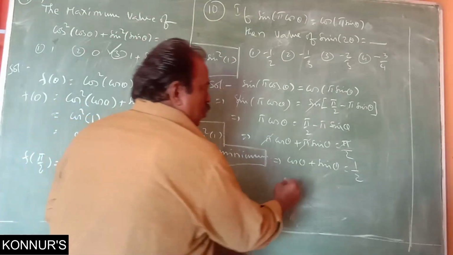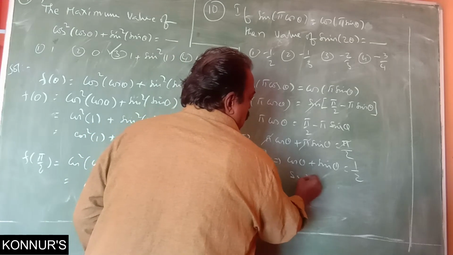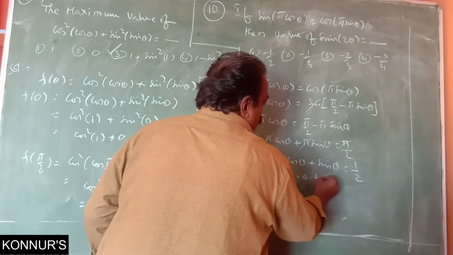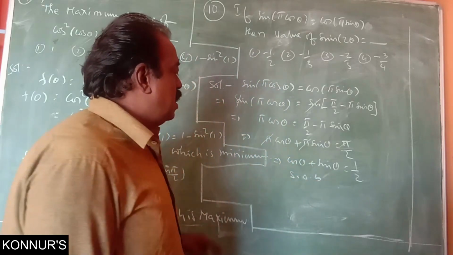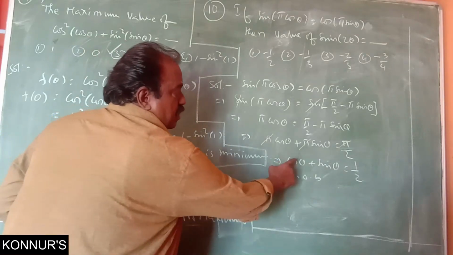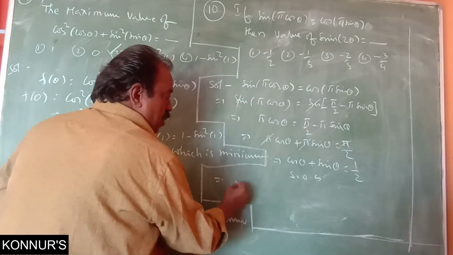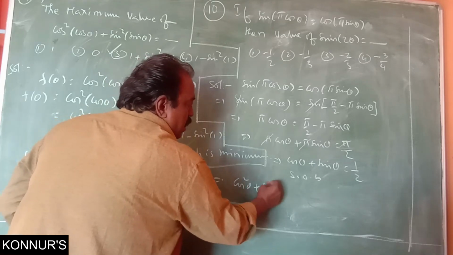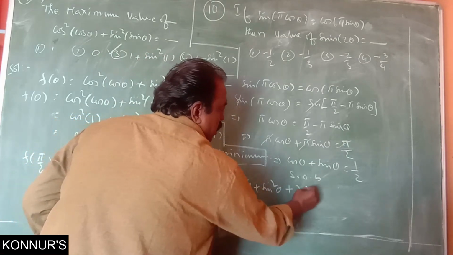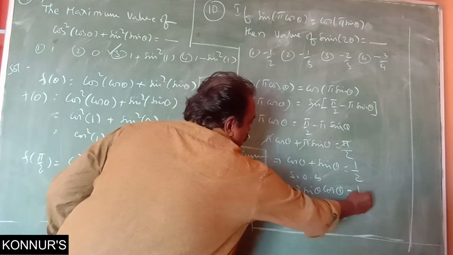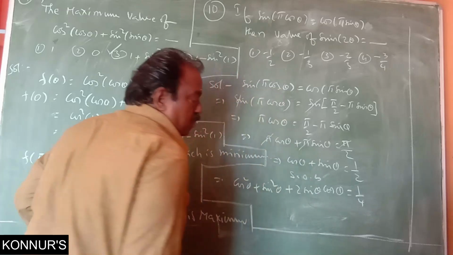Now I want to square on both sides. We get cos theta plus sin theta whole square, that is cos square theta plus sin square theta plus 2 sin theta cos theta is equal to 1 by 4.